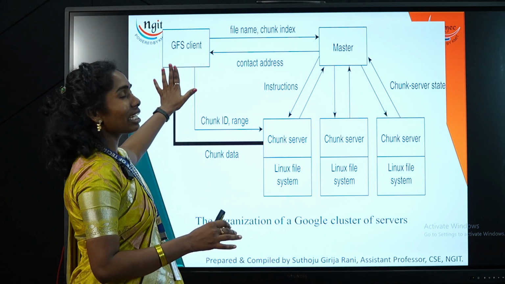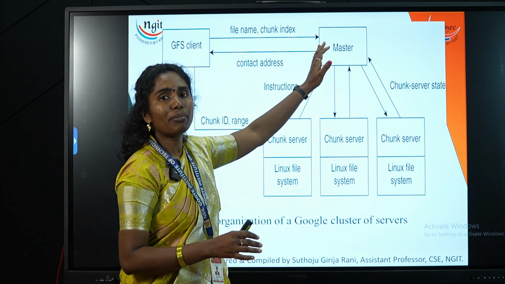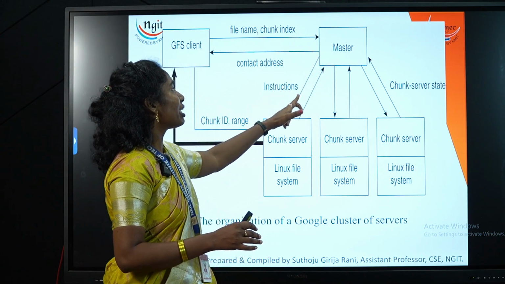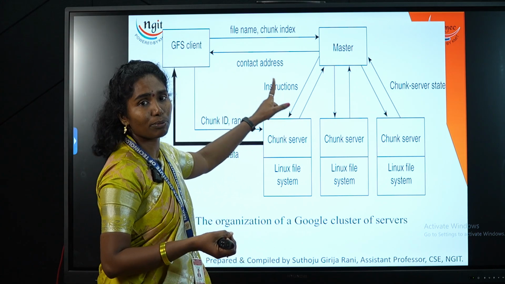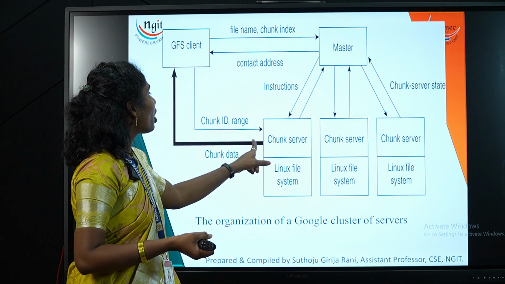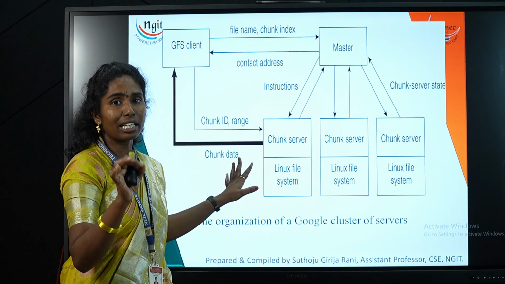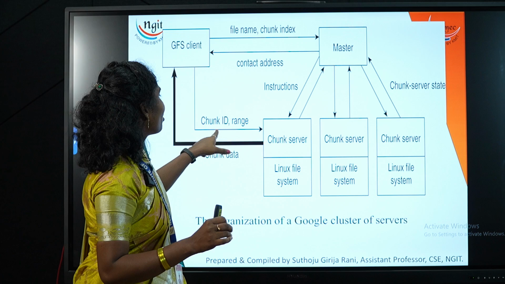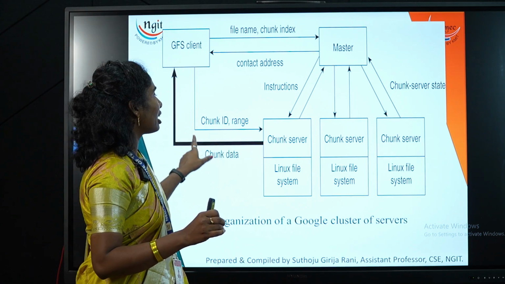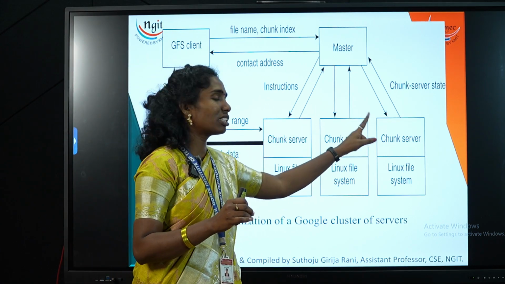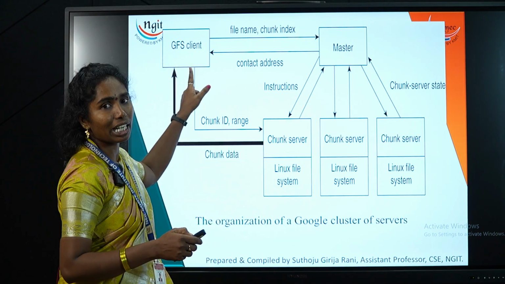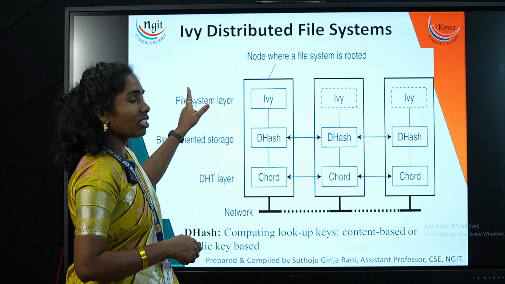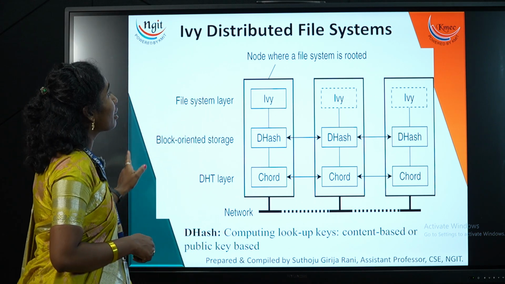Now when the client asks for so and so file name, immediately the master will be readily available to take the instructions from the client and see what the client exactly needs. Okay, so the client will give the chunk ID and range, so that immediately in the chunk servers you will find that particular data, and that data will be sent back to the client. Okay, Google cluster of servers, we say that point as.